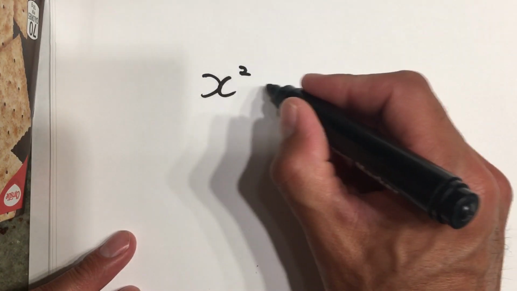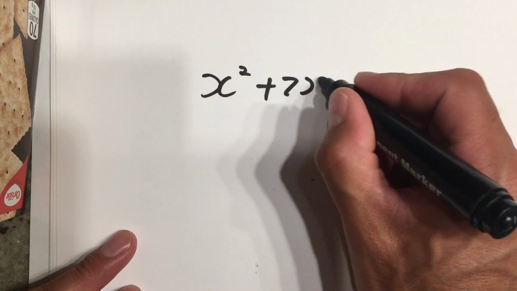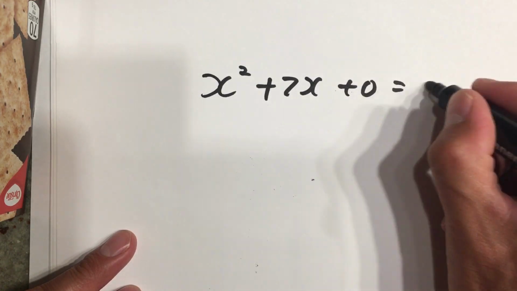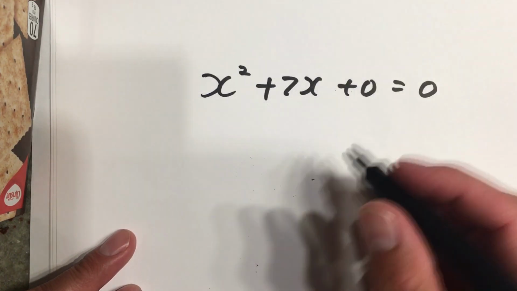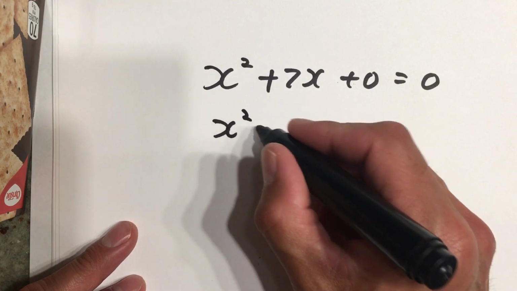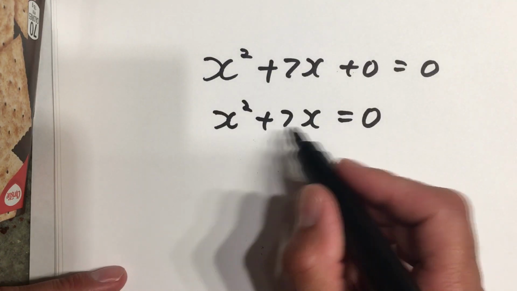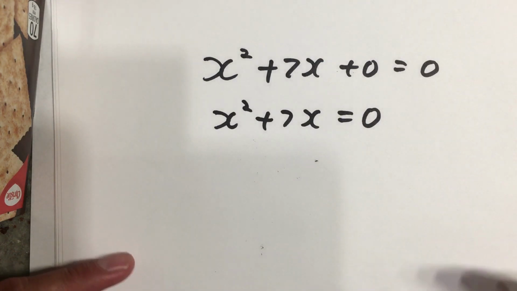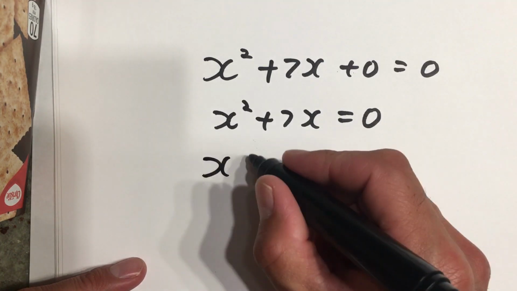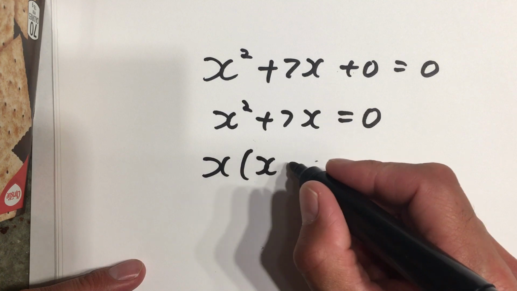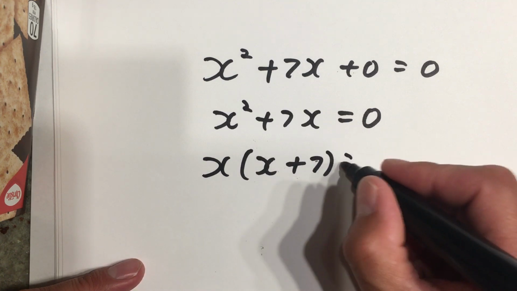And if you have a 0 on the very end, so let's say you've got x squared plus 7x plus 0 is equal to 0. Well, that 0 is just gone. You can erase it. So we have x squared plus 7x equals 0. Now we pull out x as our common factor. So I have x times x plus 7 is equal to 0.